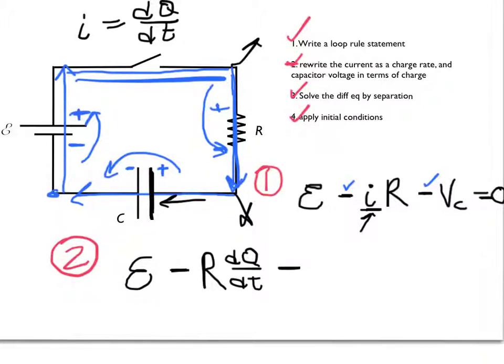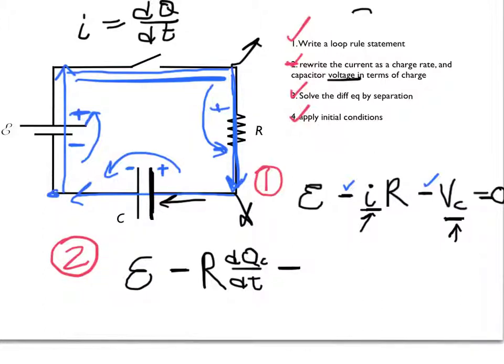And now we're also going to look at this V sub c. Ultimately, I'm interested in knowing what the voltage of the capacitor is, but notice that I've just added something here. I've just written this in terms of the charge on the capacitor, that dq, and so I'm going to rewrite the voltage also in terms of the charge on the capacitor. How do we do that?